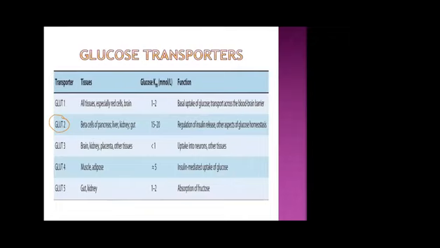Glucose transporter 3 in the kidney, brain, placenta, and other tissues. Glucose transporter 4 naman is found in muscles and adipose cells, and glucose transporter 5 we have in the gut and in the kidney. So tandaan lang dito, ang glucose transporter 1 ang makikita sa majority ng tissues, and glucose transporter 2 sa beta cells.